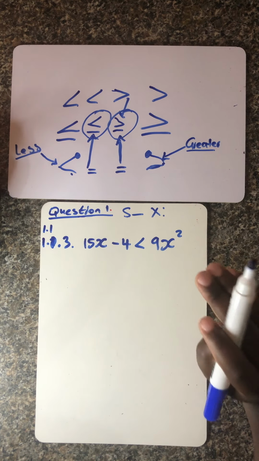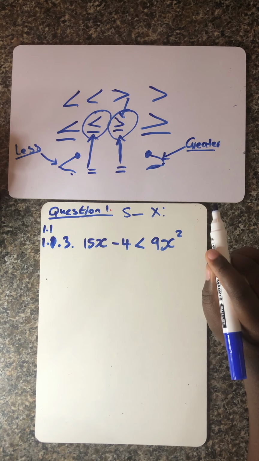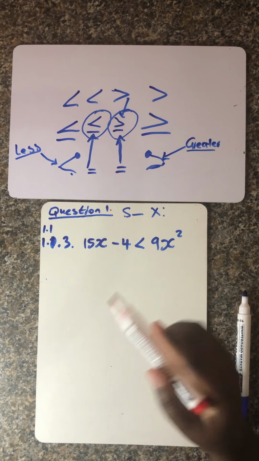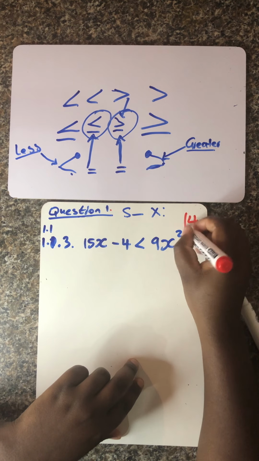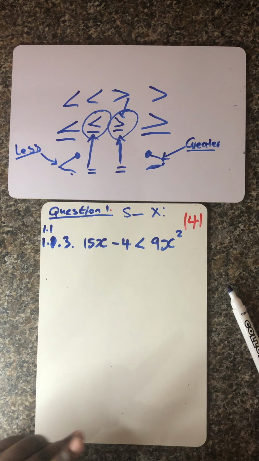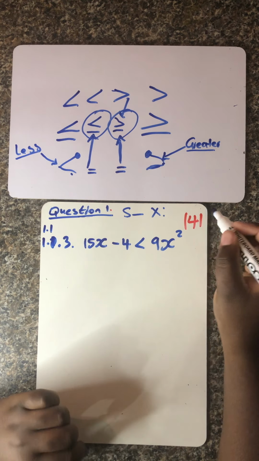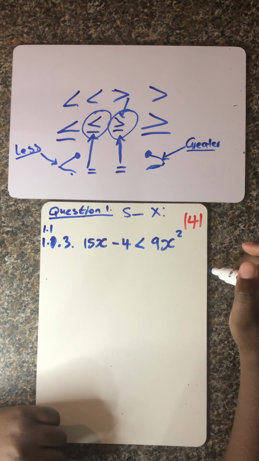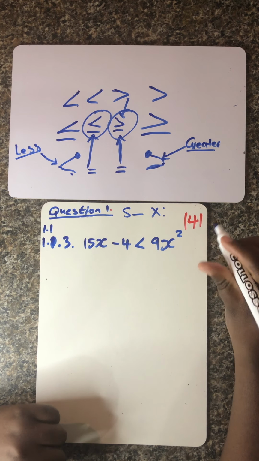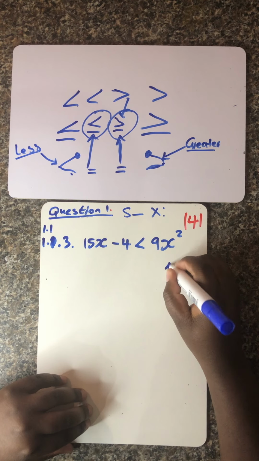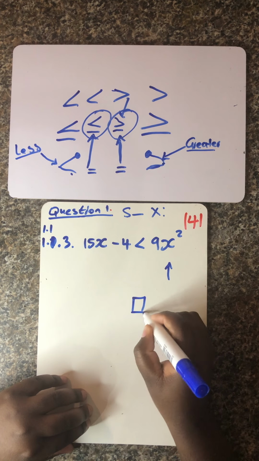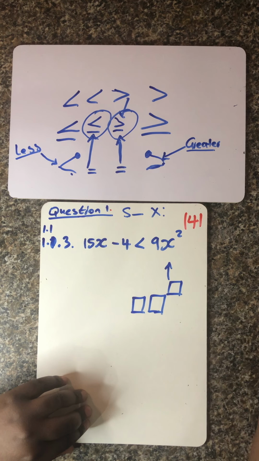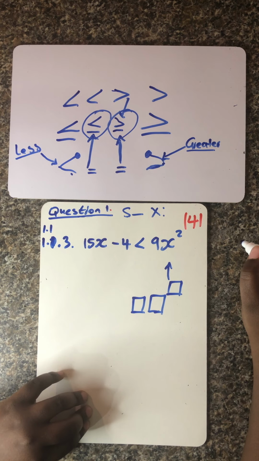So coming back to our question, which was allocated 4 marks. Remember, I explained when we did question 1.1.1 that the moment you see a letter and an exponent, that means you've got a quadratic equation.